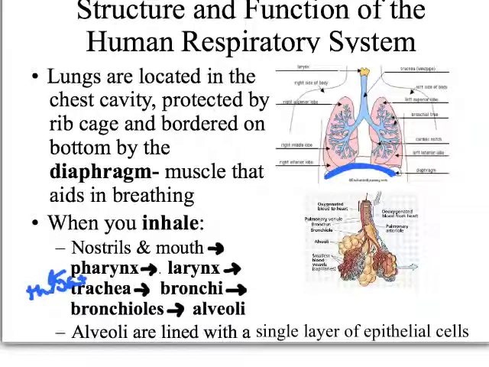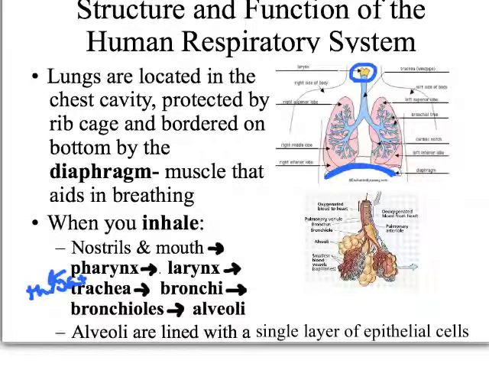If the epiglottis is closed, then materials will go into our digestive tract. Okay, so past the pharynx, we get to the larynx, okay, which is actually in this picture right here, which is our voice box. And we don't make any noise when we inhale, but we make noise when we exhale, and we'll talk about that as well.